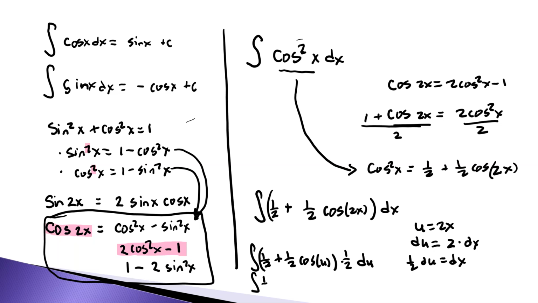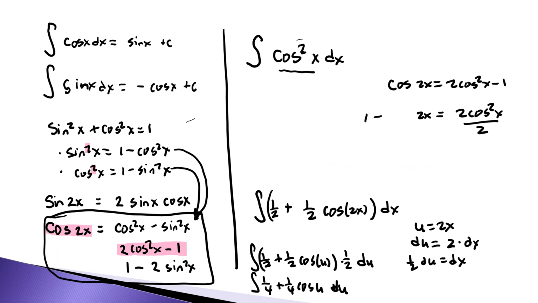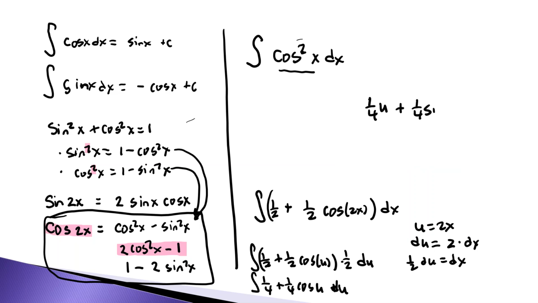It becomes 1/4 plus 1/4 cosine u du, which after I integrate, we've already used that, we're not going to need it again, becomes 1/4 u plus 1/4 sine u plus c.